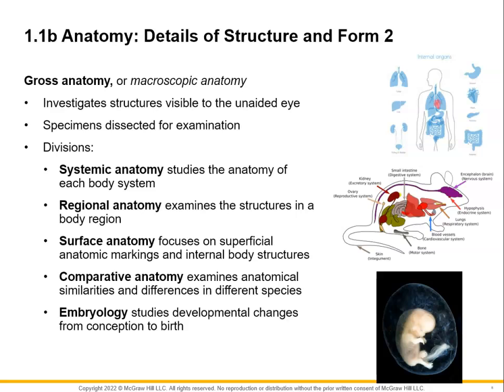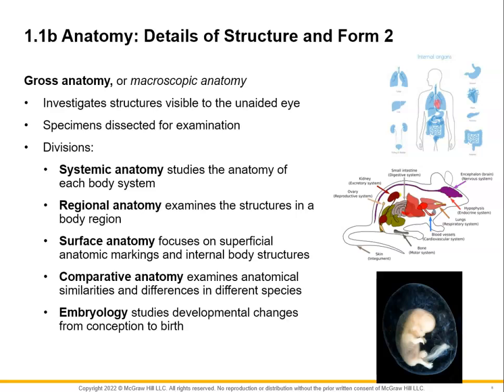Gross anatomy, on the other hand, is big stuff. Not yucky stuff, gross, right? So gross anatomy is the study of things that are large enough to be visible to the unassisted or unaided eye. For instance, the heart, your intestines. We can see those, your skin.